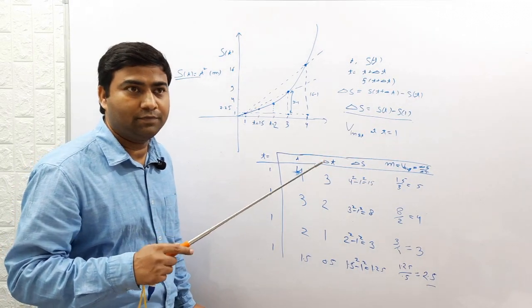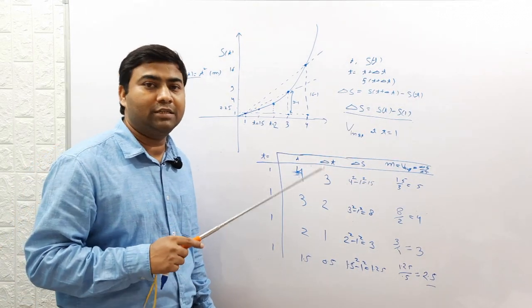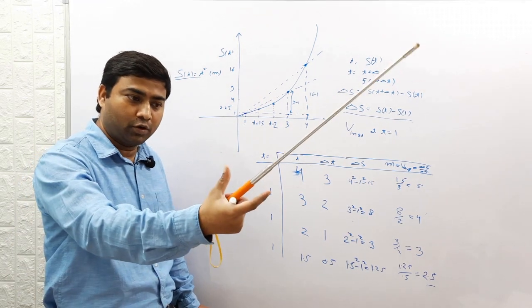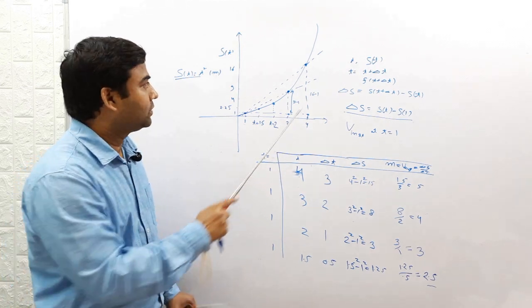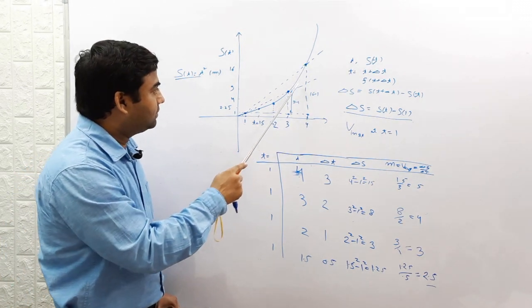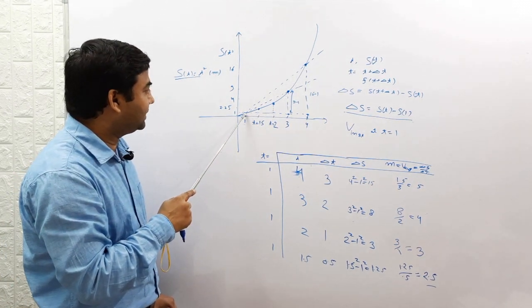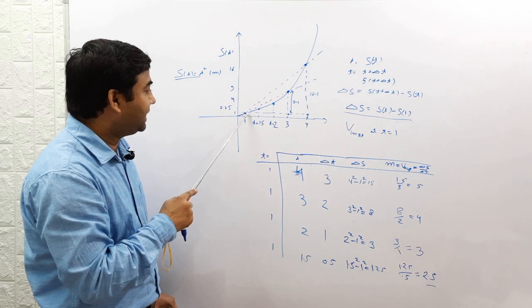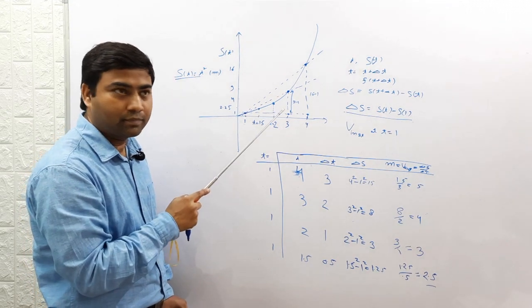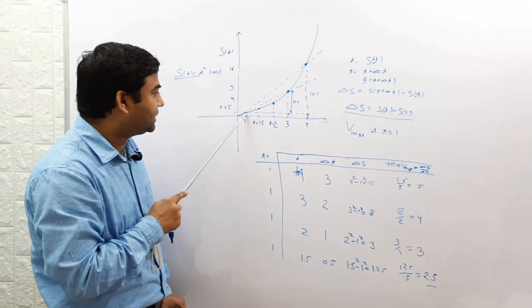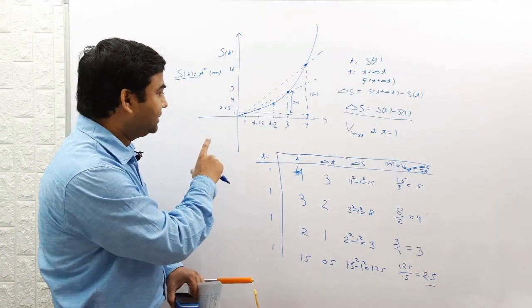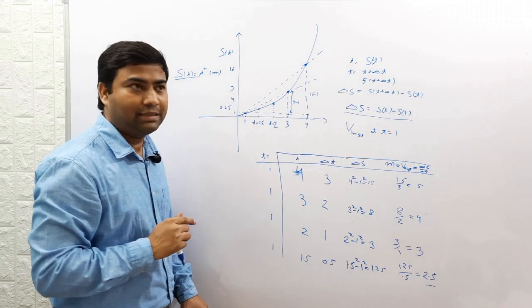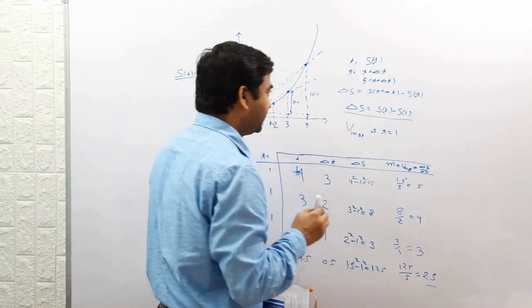The average velocity will match the instantaneous velocity when both points of the average velocity merge with each other. When this point comes closer and closer and merges with this point, then the average velocity between those 2 points will be the instantaneous velocity at t equal to 1. So let us find instantaneous velocity at t equal to 1.